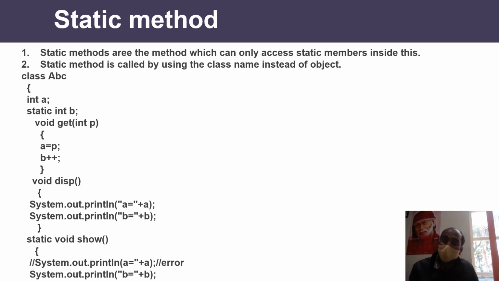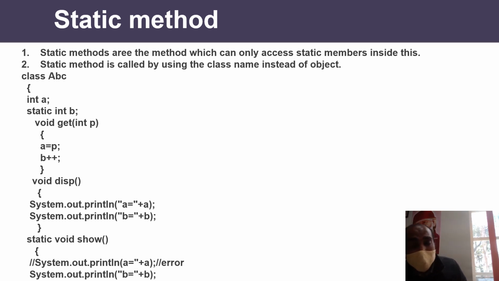Now what about a static method? There are two things that you need to take care of while using a static method. The first thing: static methods can only access static members inside them. Focus on this line. Tell me, does a static method contain anything which belongs to a particular object?